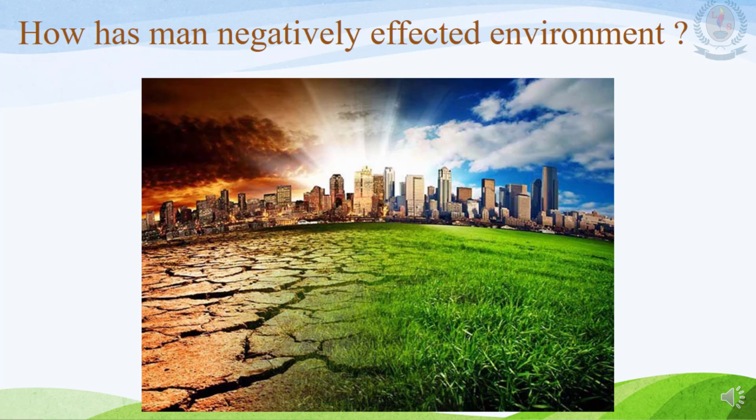So in order to house all those 7 billion people in this world, is there enough vacant land? No, right? So in order to provide vacant land for them to build their houses, people have to cut the forest.